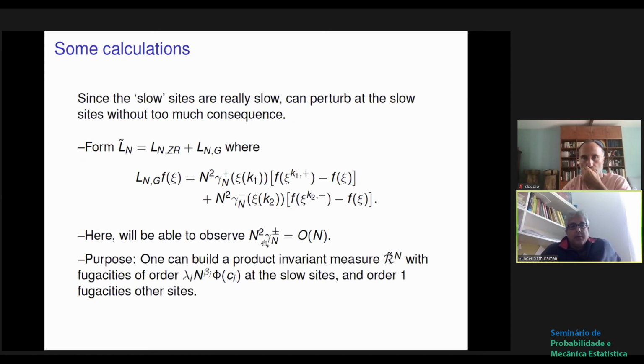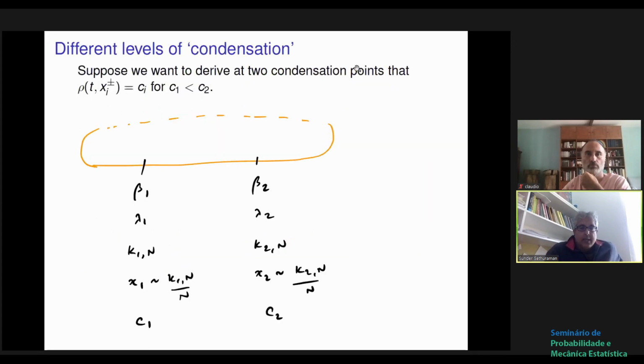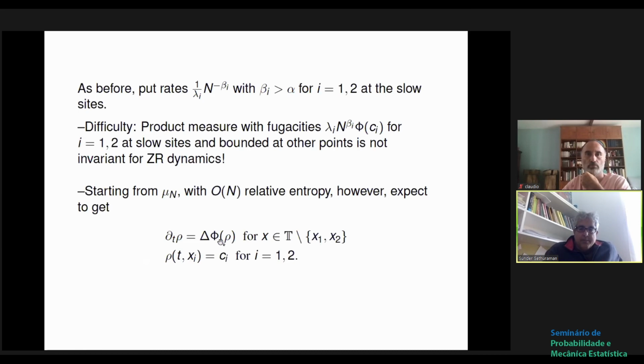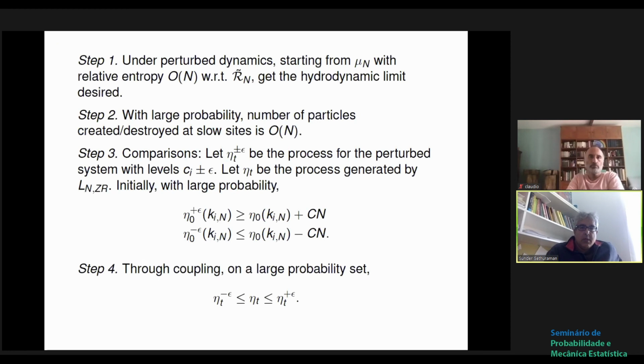Okay, so just as a sketch, under the perturbed dynamics we should get the hydrodynamic evolution that we wanted. And the number of particles born or annihilated will be order n. That's because of this condition. And we can bring in some comparisons.